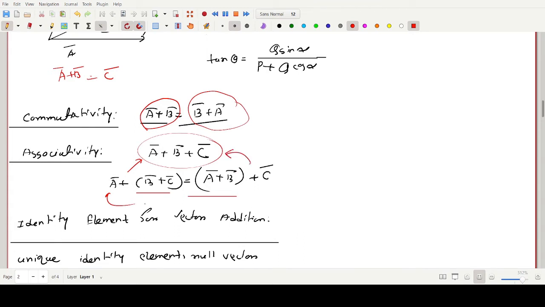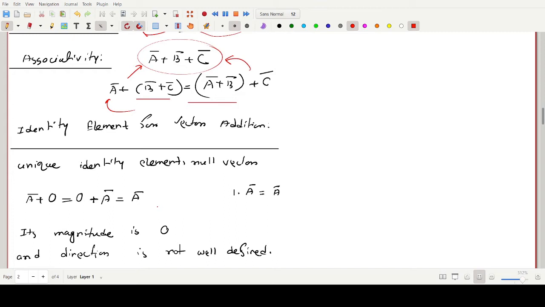So in both ways we get the same thing. This property is known as associativity. That is, in the addition of three vectors, it does not matter which two you start with.